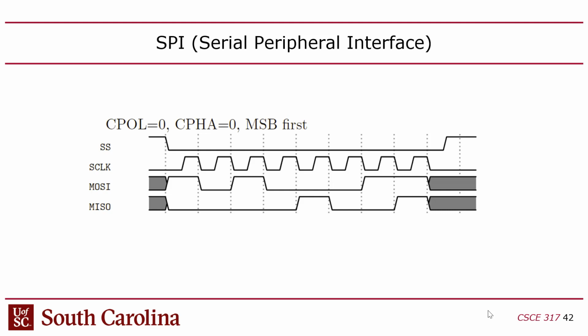The objective is to have the data stable on the channel for as long as possible before you read it. Because the bit changes a half a clock cycle before that first edge, the data has had a half a clock cycle to stabilize in the channel.